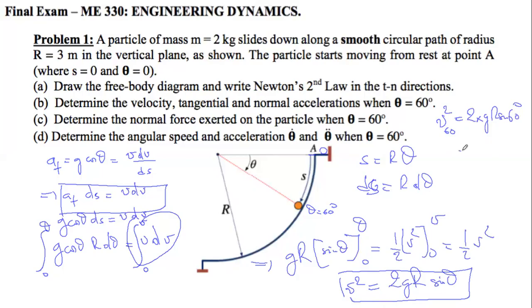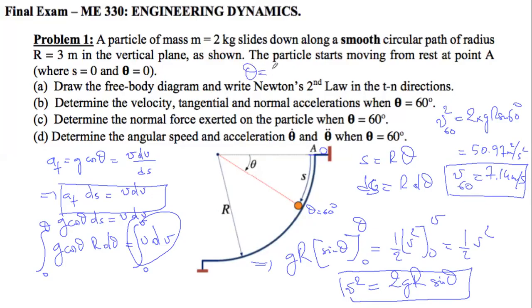Let's calculate it. It gives me 50.97 meters squared divided by second squared, meaning v60 is equal to 7.14 meters per second. So that's the speed.